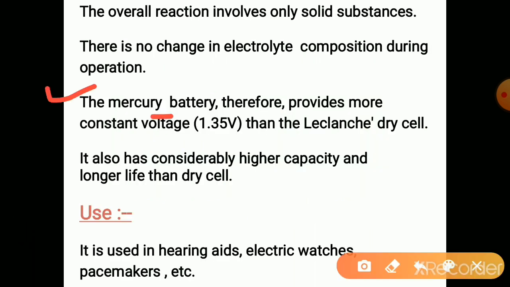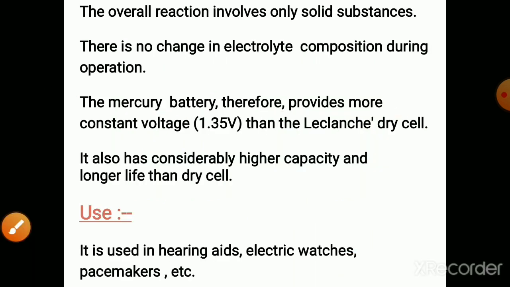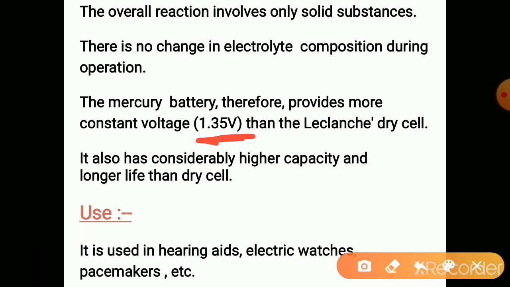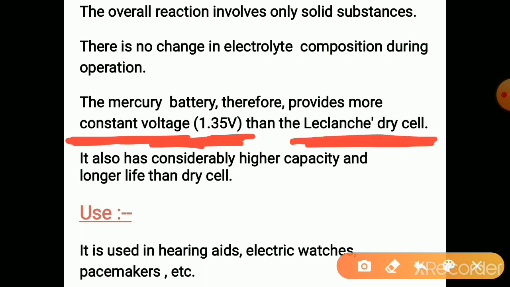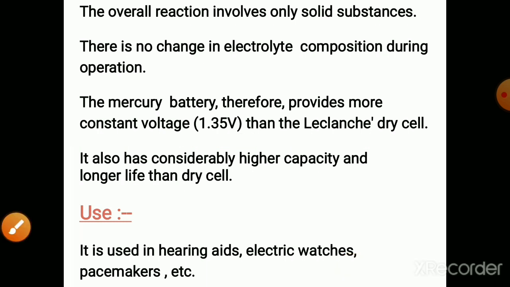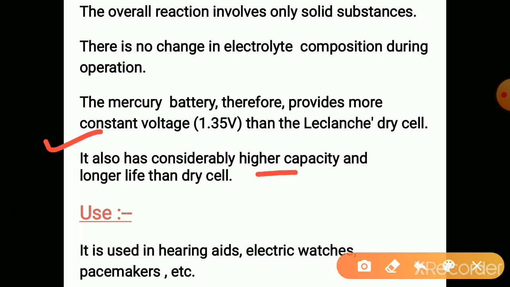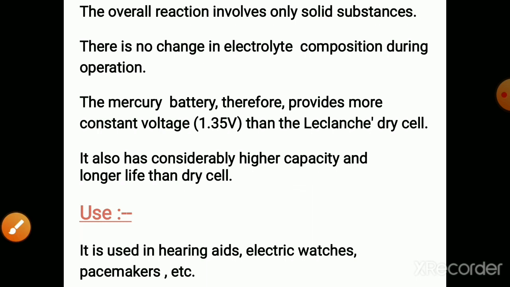The mercury battery therefore provides a more constant voltage, that is 1.35 volt, than the Leclanche or dry cell, which is a primary voltaic cell. It has considerably higher capacity and longer life than the dry cell, because this can be recharged again. Its life can be increased.